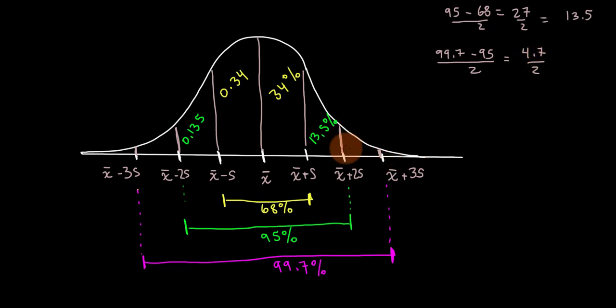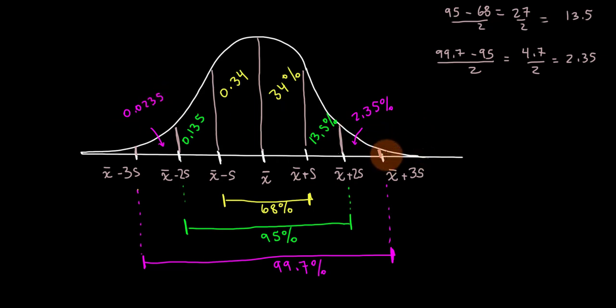And that would be both those wedges. So split them in half to get 2.35% in each of these wedges. I don't think I can fit it here. I'm going to put a little arrow over here. That would be 0.0235.